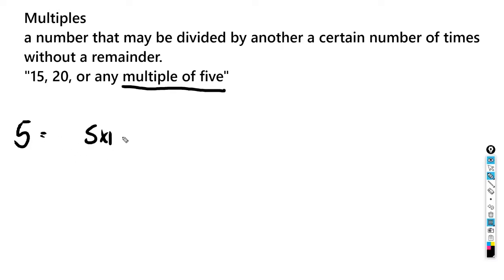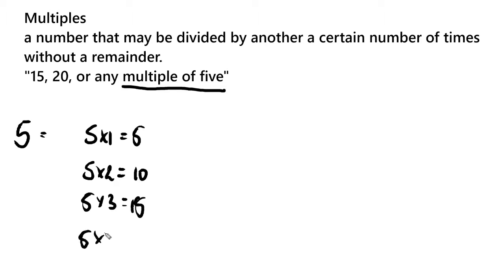You have 5 times 1, which is 5. You have 5 times 2, which is 10. 5 times 3, which is 15. 5 times 4, which is 20. And we can go on and on.